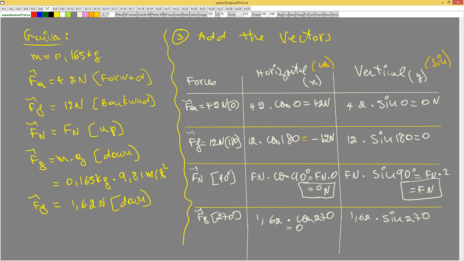Yeah, cosine 270. And here 1.62 times sine 270, you're going to find minus. What about this part? The direction, it is 270, with gravity. This one will be minus 1.62 newtons. If you give this one to the calculator, this is what it will give you.